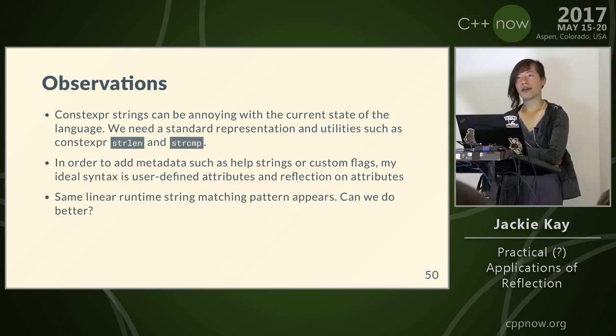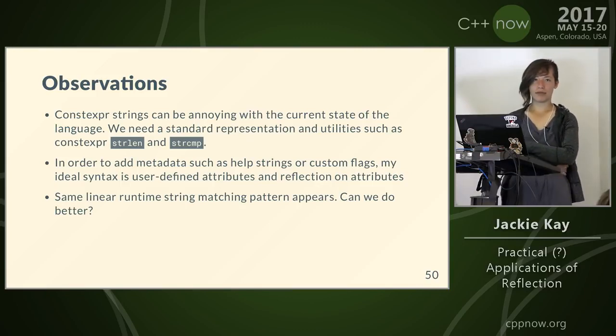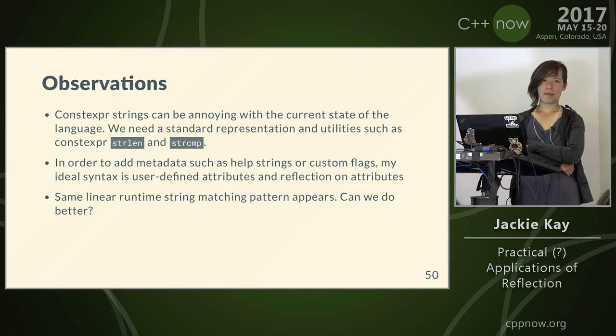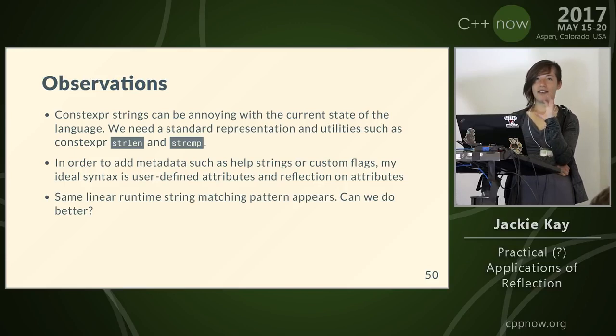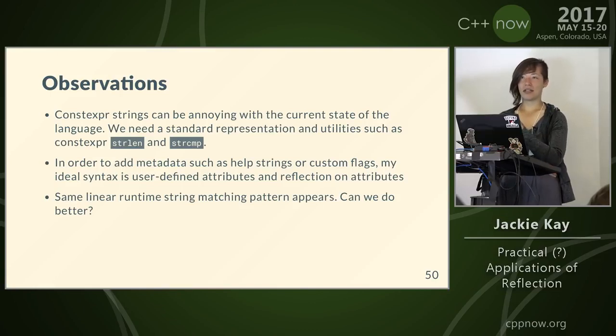I did want to point out that for this problem of program options, what I'd really like is to have attributes. I'd like to have user-defined attributes and reflection on attributes. I think it's another way to express information about our types that right now is a bit underserved in the language.